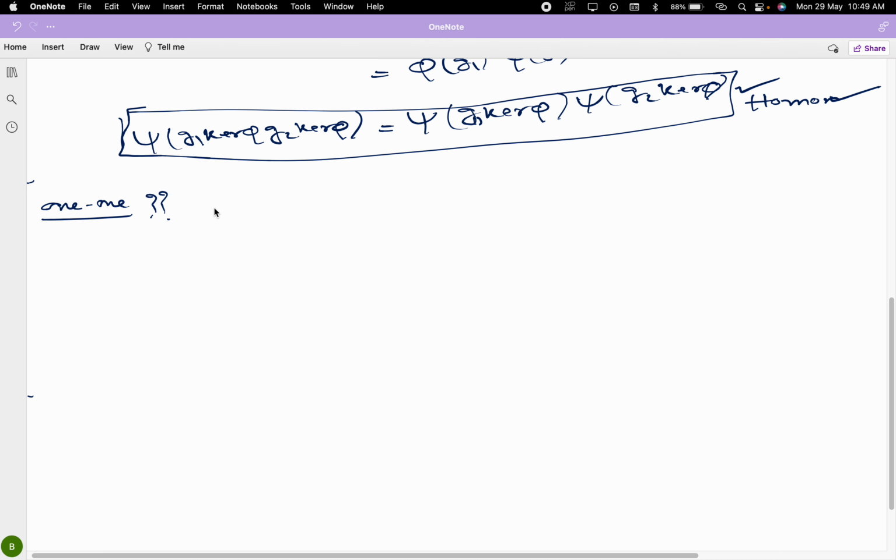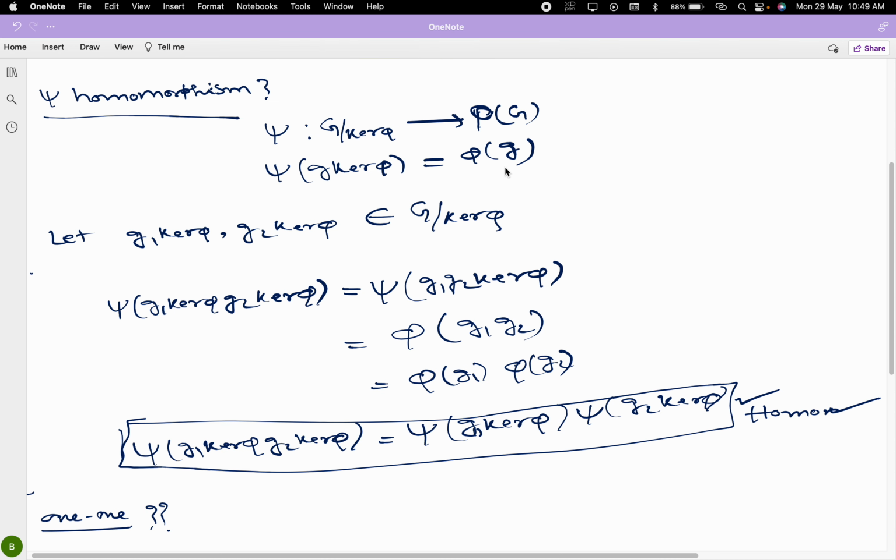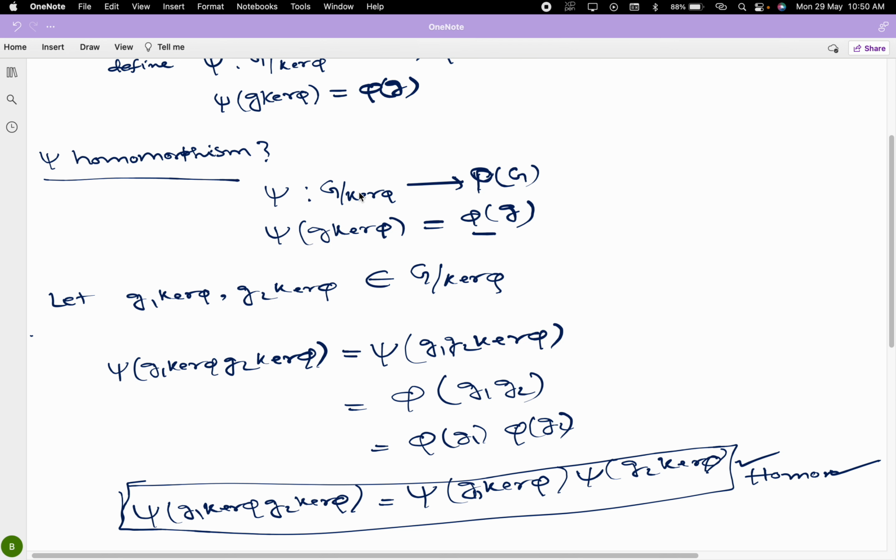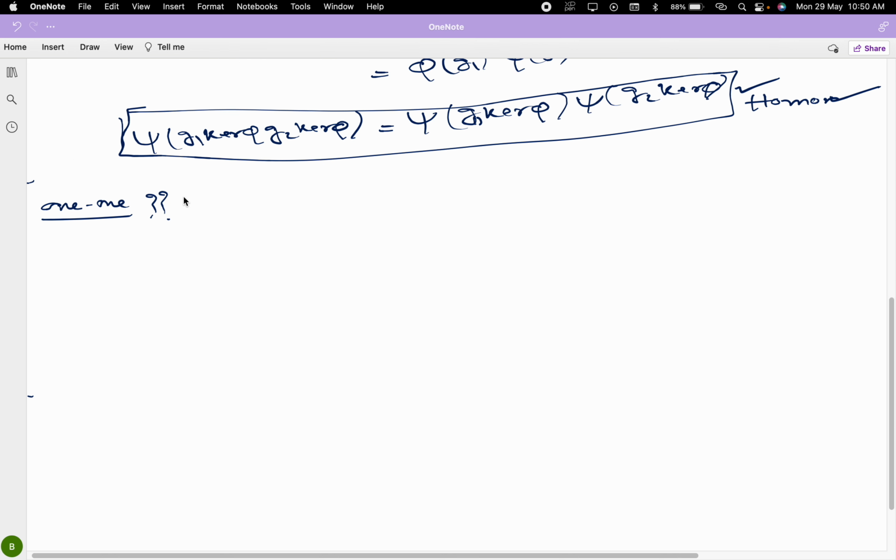I will take two images, phi of g1 and phi of g2, as two members of phi of G, and I will assume these two are the same. I have to show that the elements are actually the same.